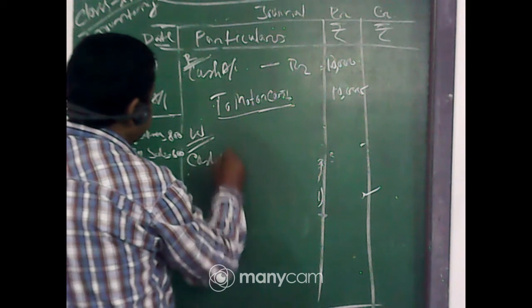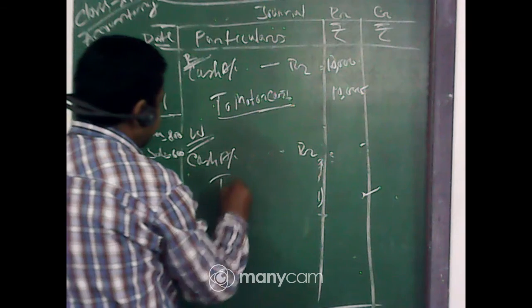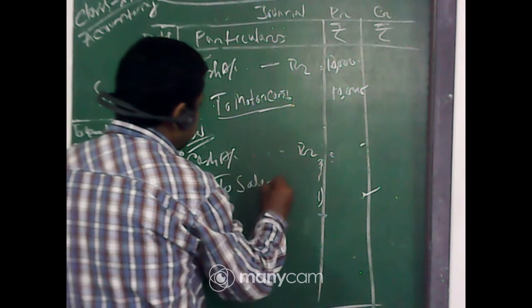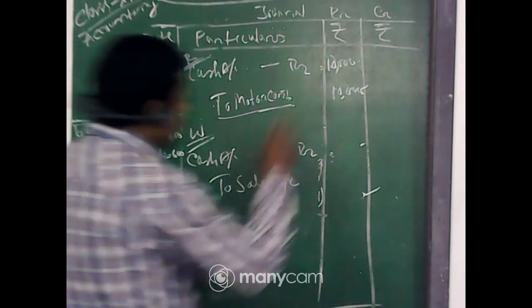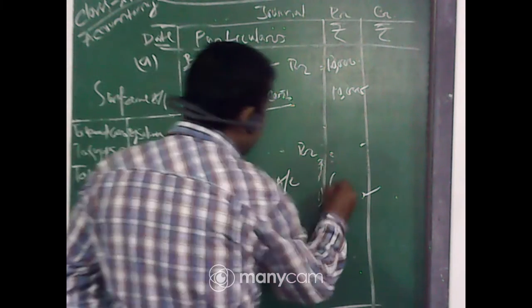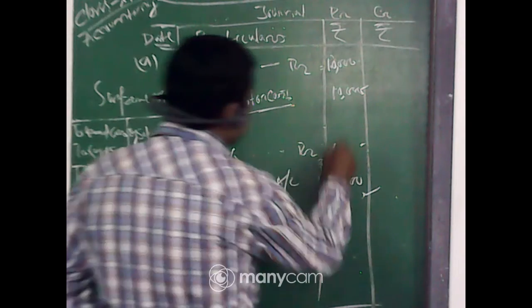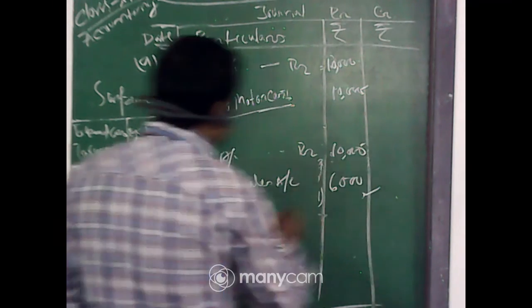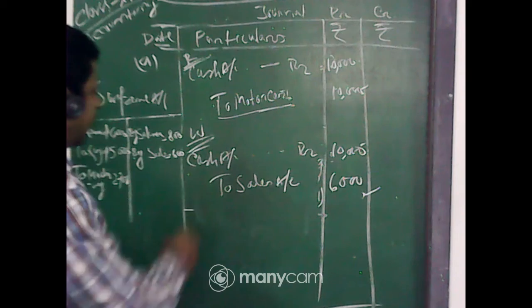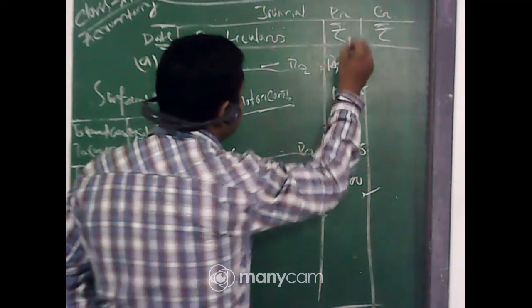Cash account debit to sales account, and the amount credited was 6,000, though cash account is debited by 10,000. So this is a wrong entry. There is no problem in the cash account, so we are ignoring the cash account.